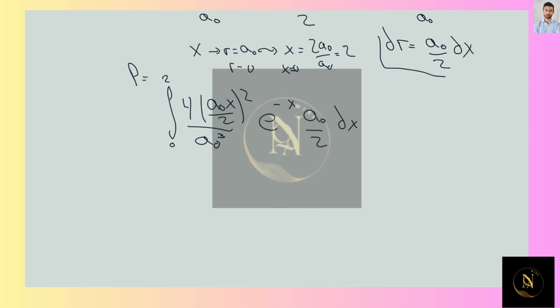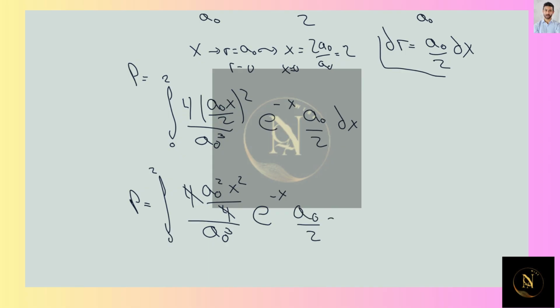Now let's expand this a little bit and see what we can cancel and what we cannot. This is the integral from 0 to 2 of 4 times a0 squared x squared divided by 4, 4 and 4 cancel out, divided by a0 cubed times the exponential of minus x times a0 over 2 dx.